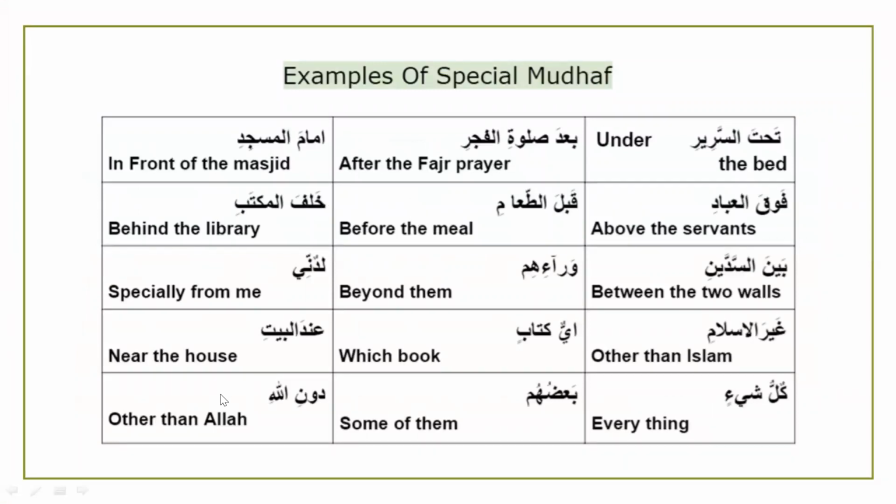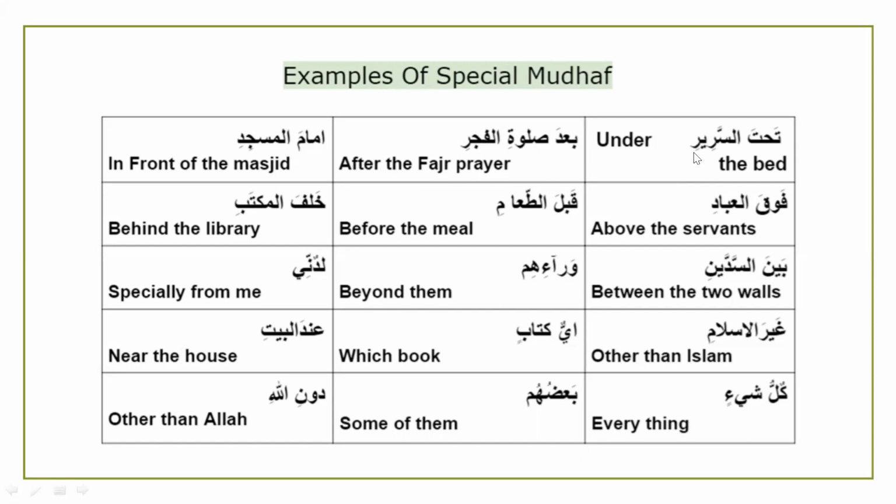Okay. So here are some examples. Let's learn from these examples the concept of a special mudaf. Look, the first one on the right side, tahta sariri. So tahta, we just learned, is a special mudaf. We don't see al before it because it's a mudaf, and it's light, single fatha. No alif lam, followed by jar ism.